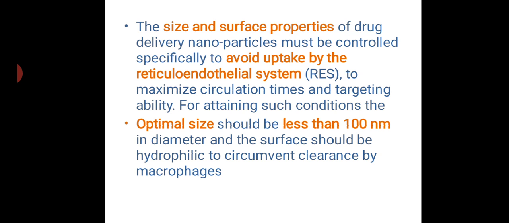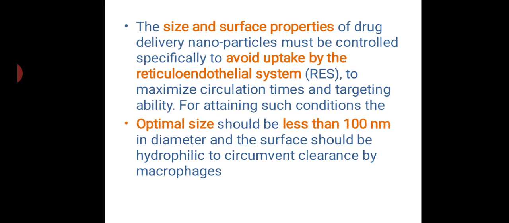Now to attain this, to avoid the uptake by the RES, the size of the carrier should be less than 100 nanometer in diameter, and the surface should be hydrophilic to circumvent the clearance by the macrophages.